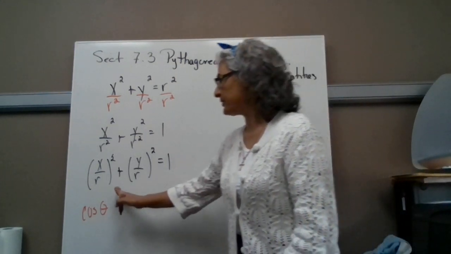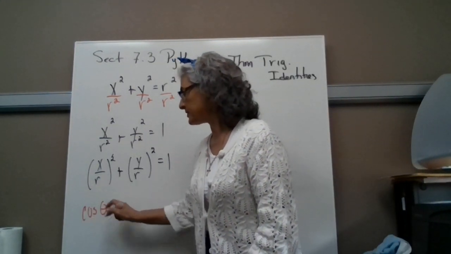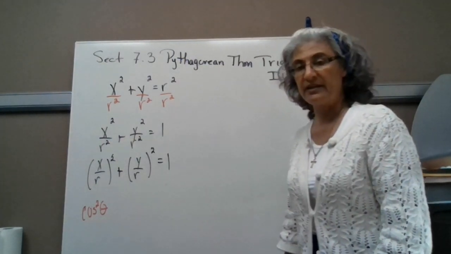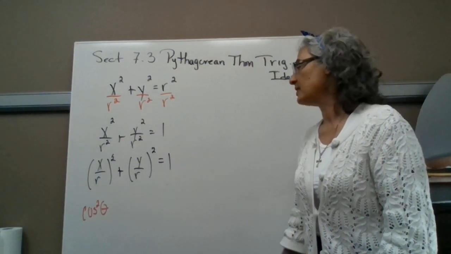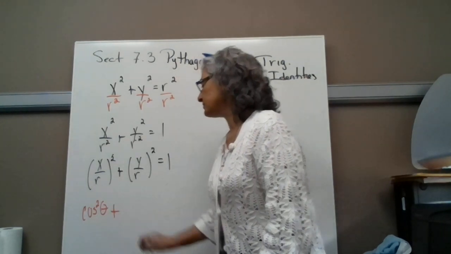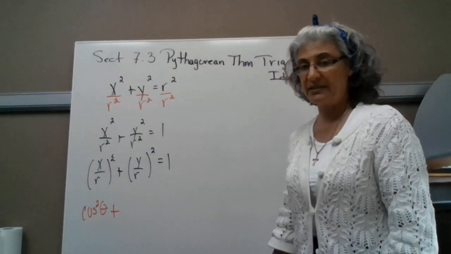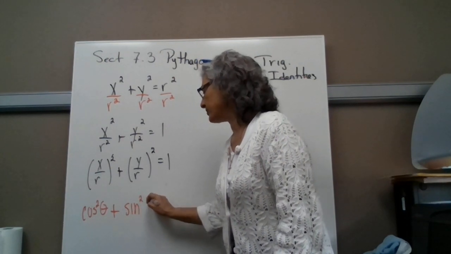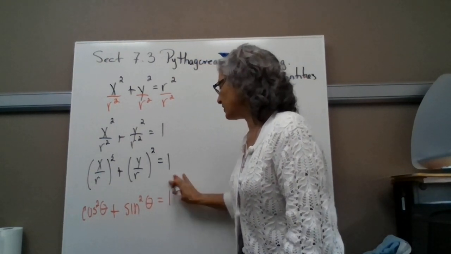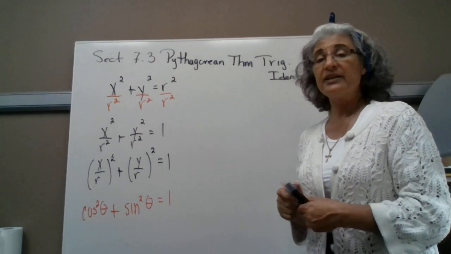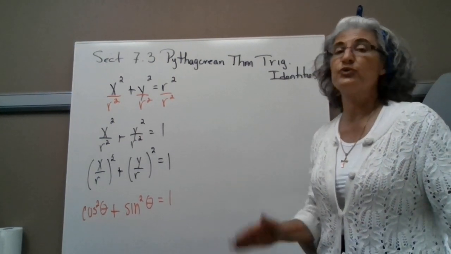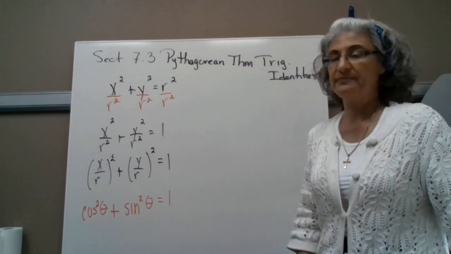Now, I can put parentheses around this and square it, but the typical way they write it is cosine squared theta, just like that. Y over r. The y refers to sine, doesn't it? So this would be sine squared of theta equaling 1. This is actually one of the Pythagorean trig identities, and it is the one we use most often.